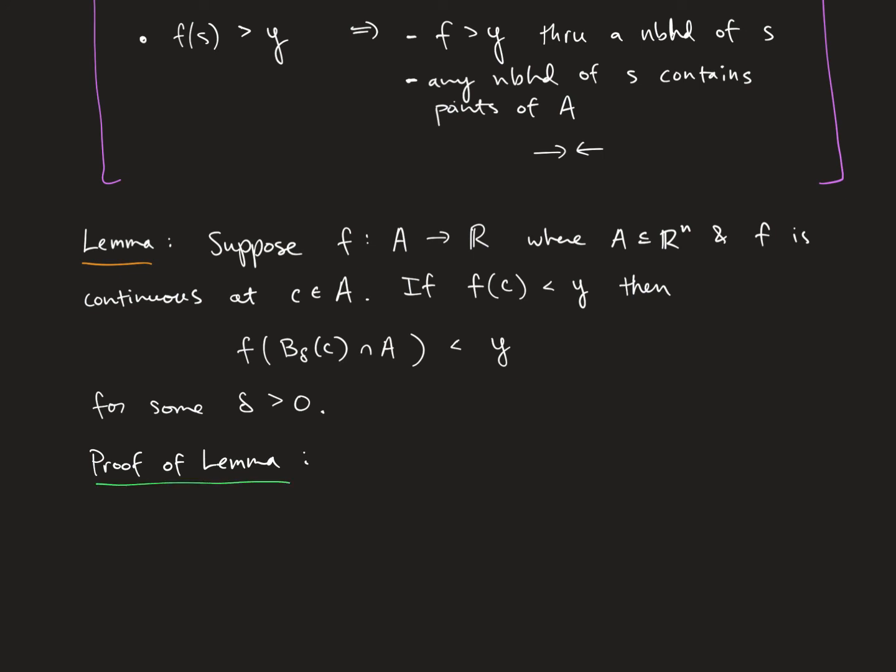So the proof of the lemma is straightforward. We just let epsilon be equal to y minus f of c.